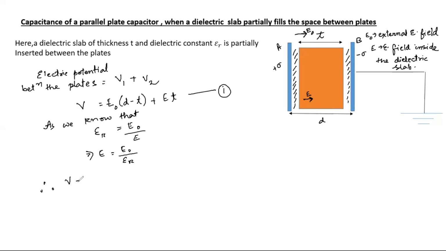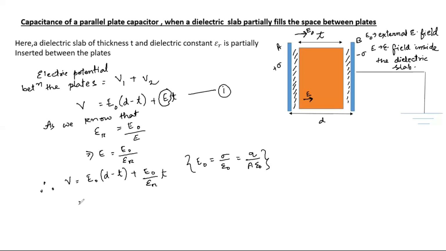This V is nothing but E naught (d minus t) plus, replacing E with E naught by the dielectric constant, E naught t by K. Remember, this E naught is the external electric field, that is, when the space between the plates is vacuum, and E naught is sigma by epsilon naught, which is Q by A epsilon naught.